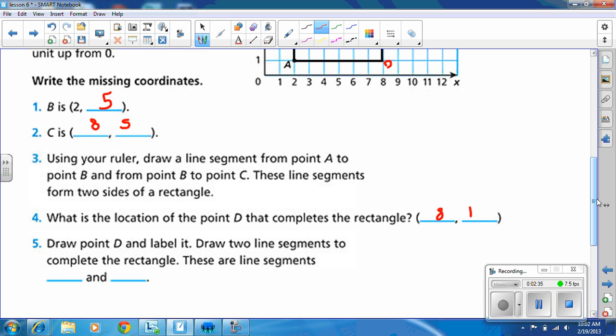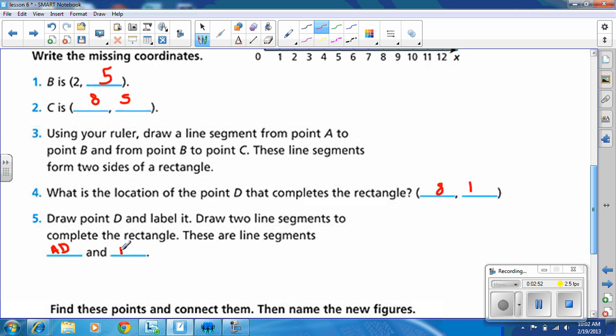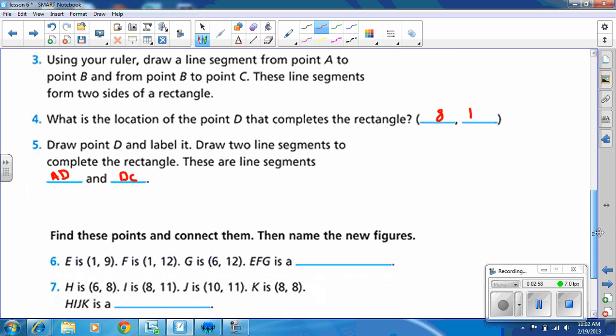The two line segments to complete the rectangle, and these are line segments AD. Right, A connects to D, and line segment DC. Okay. Or CD. The order of those doesn't necessarily matter because we're just plotting the points.